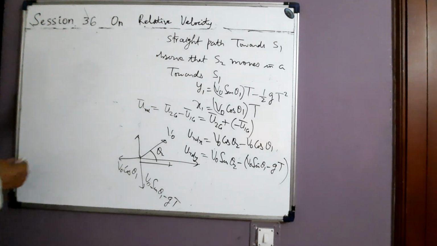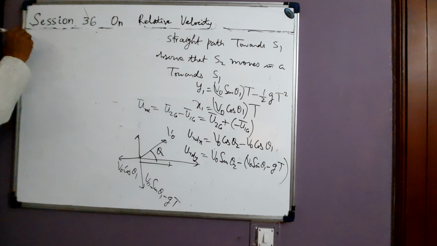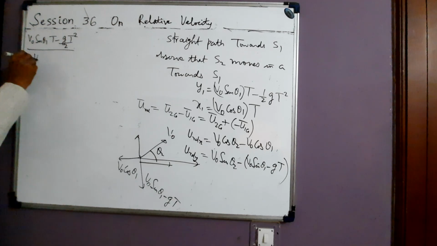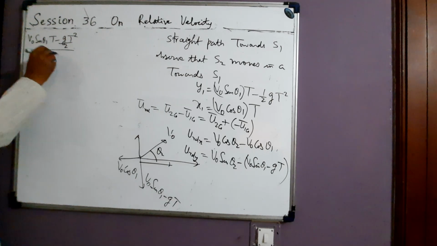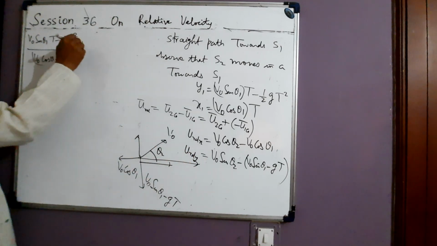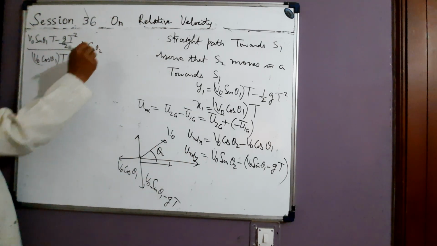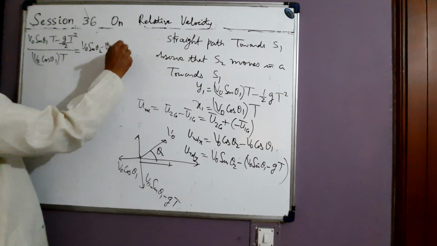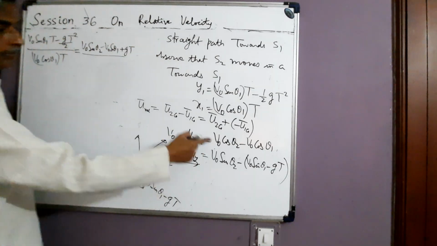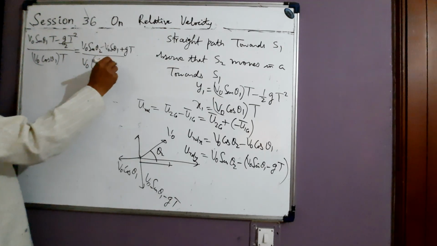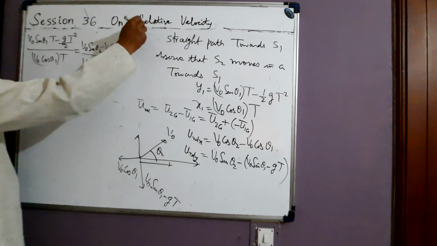So we substitute in that formula: y1 by x1, V naught sin theta 1 into t minus gt square by 2, by V naught cos theta 1 into t, equals u relative y by u relative x, which is V naught sin theta 2 minus V naught sin theta 1 plus gt, by V naught cos theta 2 minus cos theta 1.